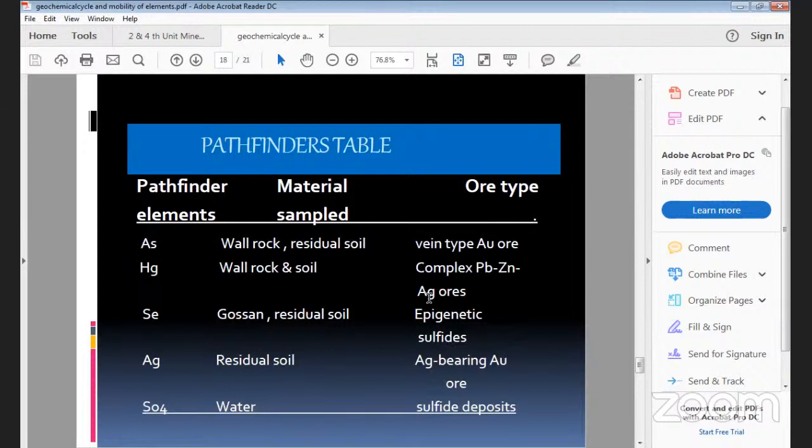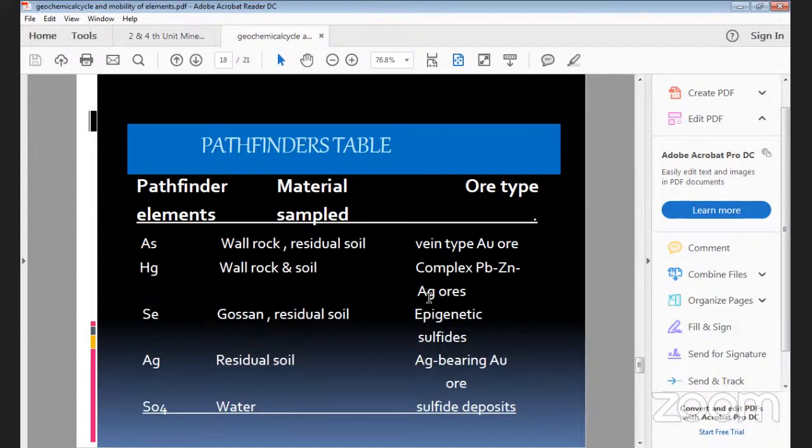The pathfinder elements and the material sampled: for arsenic, if you collect the wall rock or residual soil, it helps to find vein type deposits. Again, wall rock and soils help to find the complex of zinc, lead, and silver ores.